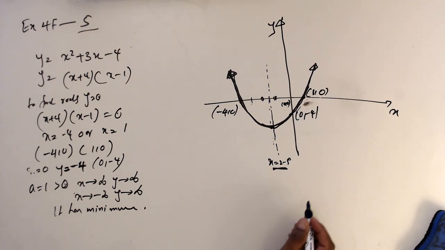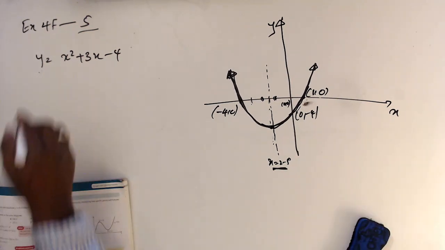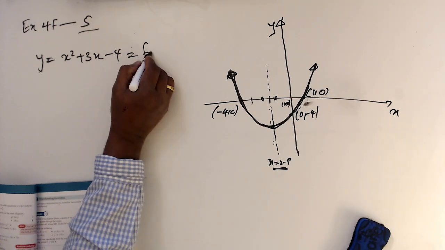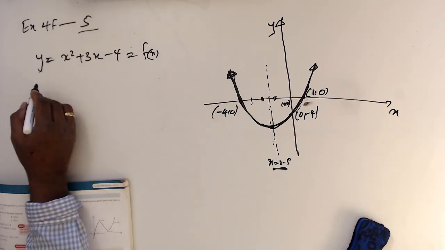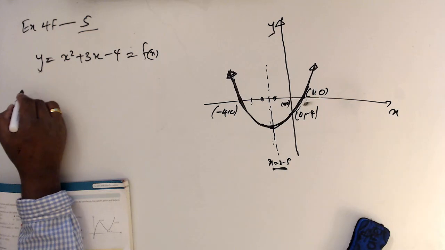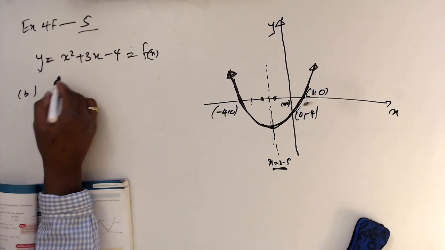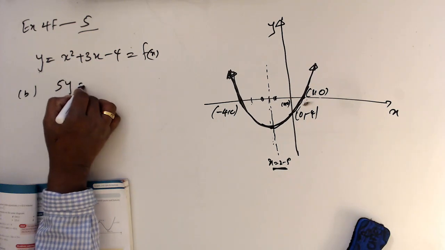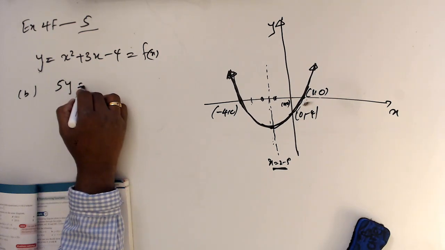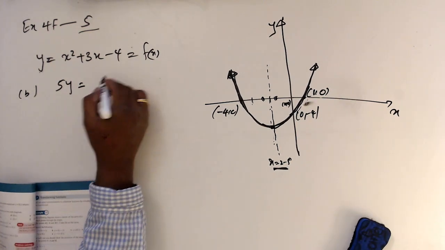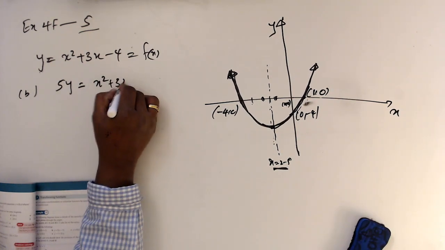Now part B. I'll write f(x) as well. Part B is 5y equals x squared plus 3x minus 4.